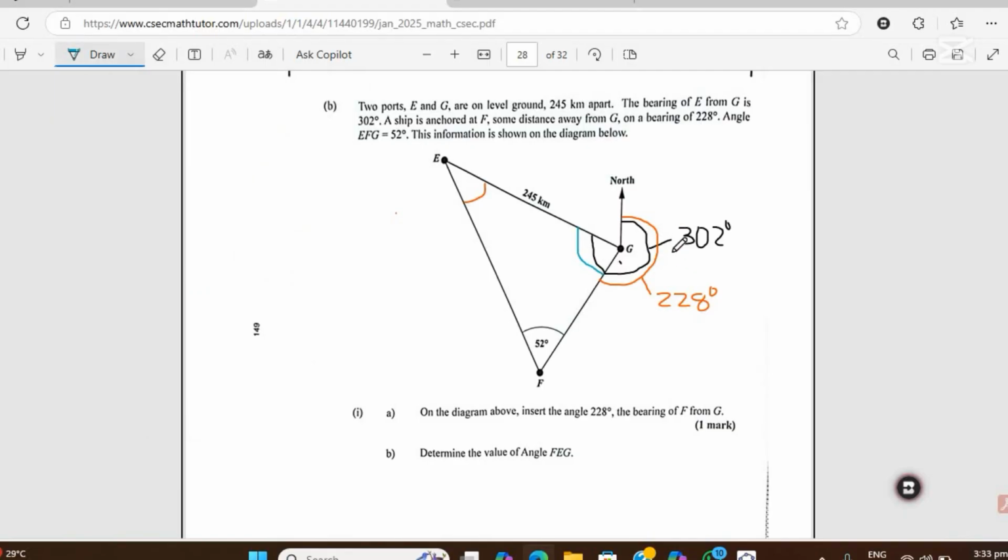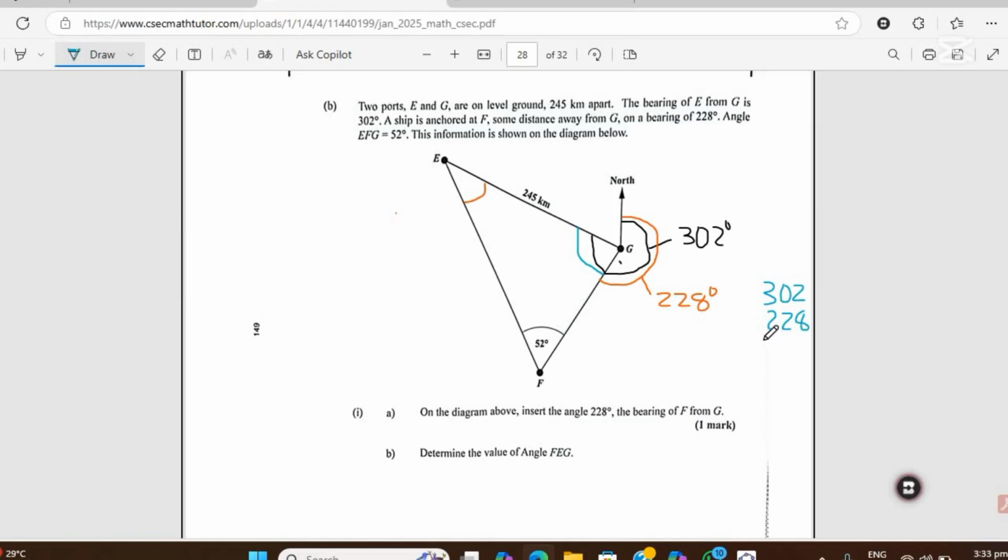Now, if the entire journey around to here is 302, what are we doing? I know that you're thinking of the right thing. 302 take away, because that is a part of the journey. I'm going to take out the part that I would have completed already to see what part of the journey remains.